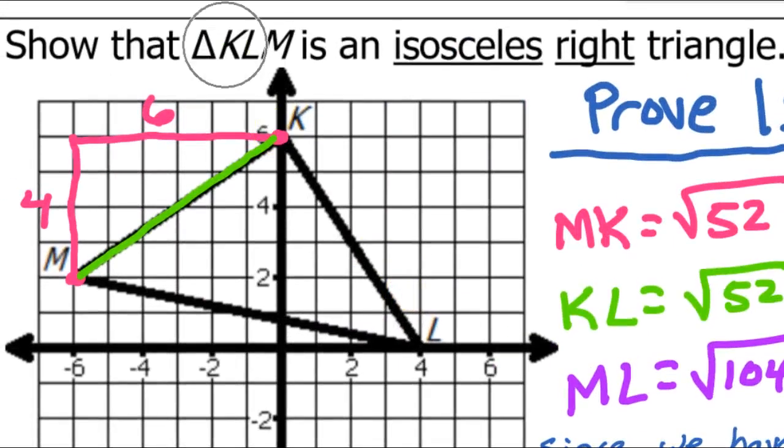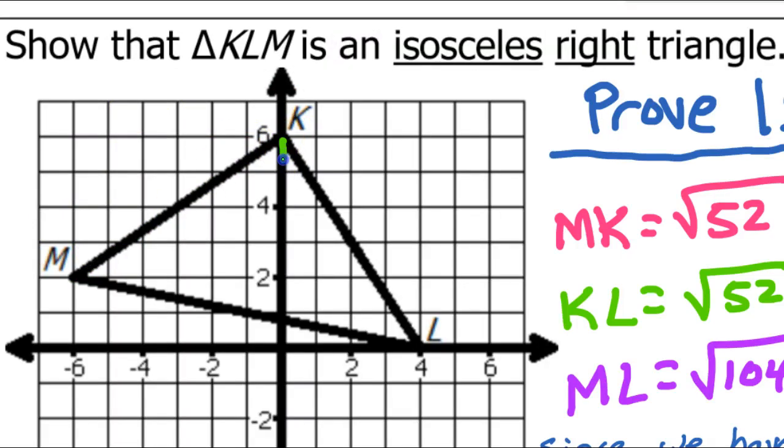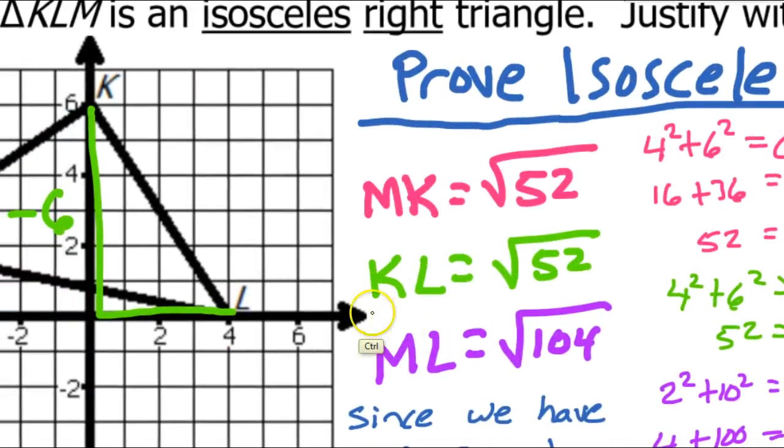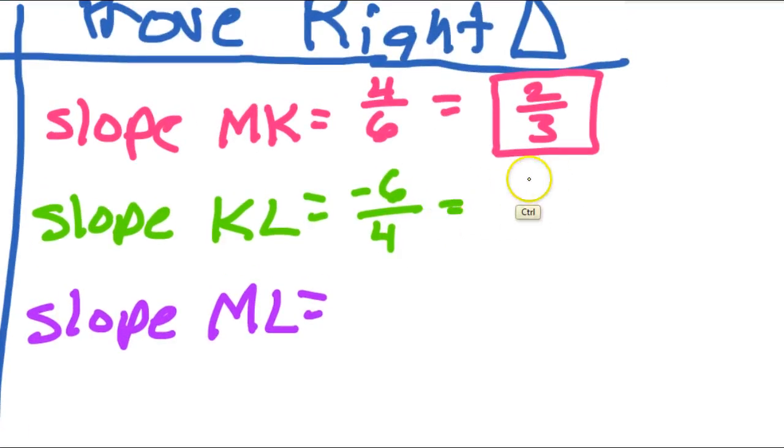Now let's do KL. KL goes down 6 and over 4. So negative 6 is the rise, and the run is positive 4. It goes down 6, right 4. This reduces down to negative 3 over 2.